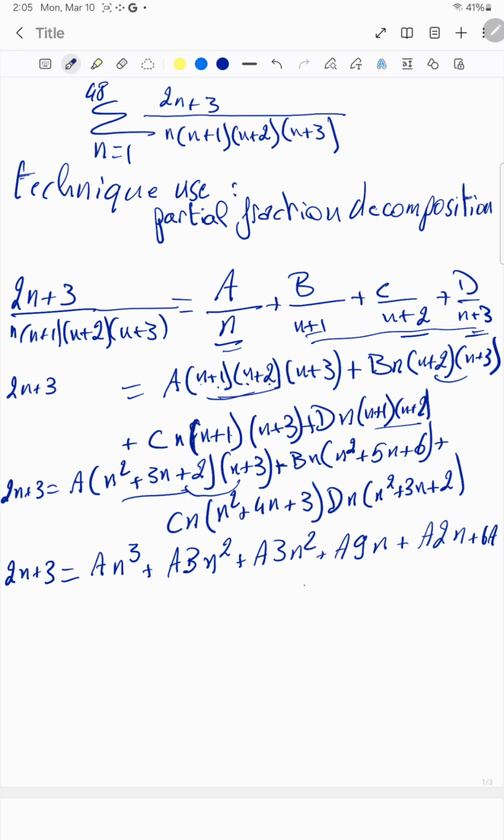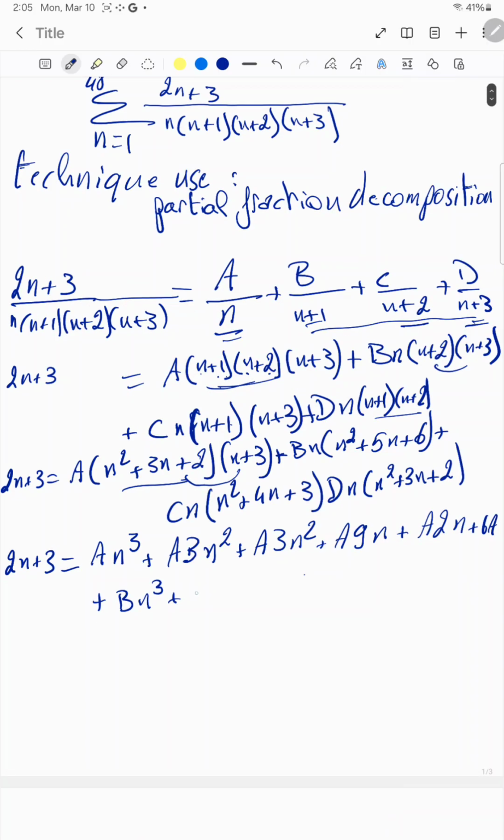We finished with the a, let's do the b: plus bn to the power of 3 plus bn times 5n is b5n squared plus b6n.